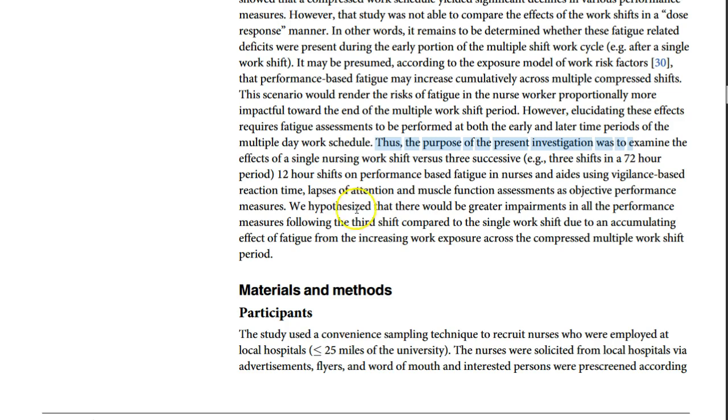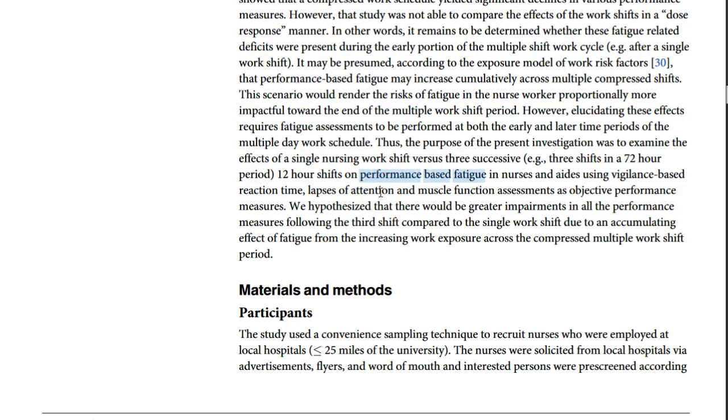So let's take a look at it. The effects of a single nursing work shift versus 3 successive work shifts. So the study factor is going to be shifts, or the number of shifts, 1 versus 3 in a row. Now, let's just be clear. Let's go to the next part. So the next part is on the performance-based fatigue. So performance-based fatigue, this is the response variable.